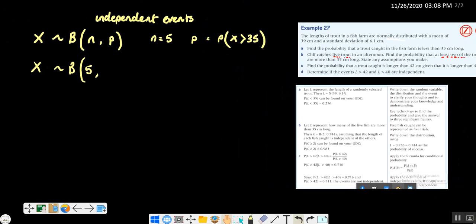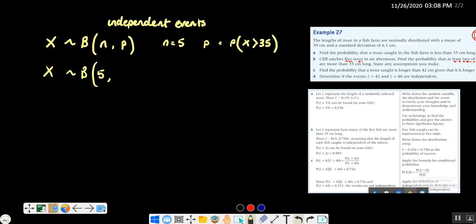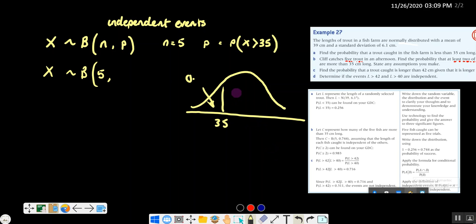If I did a little sketch, with my curve and 35 here, and I know the less than was 0.256, the more than, which is what I'm after now, is all of this region.